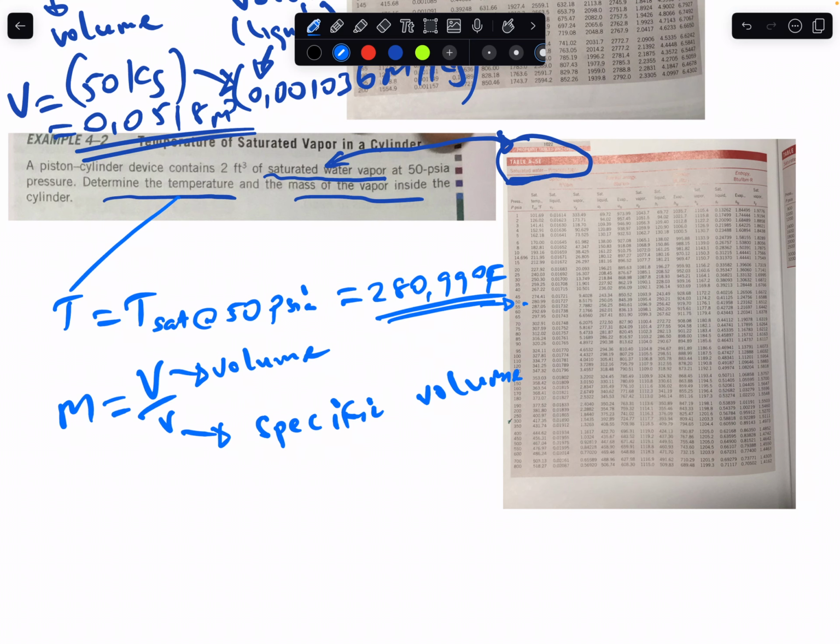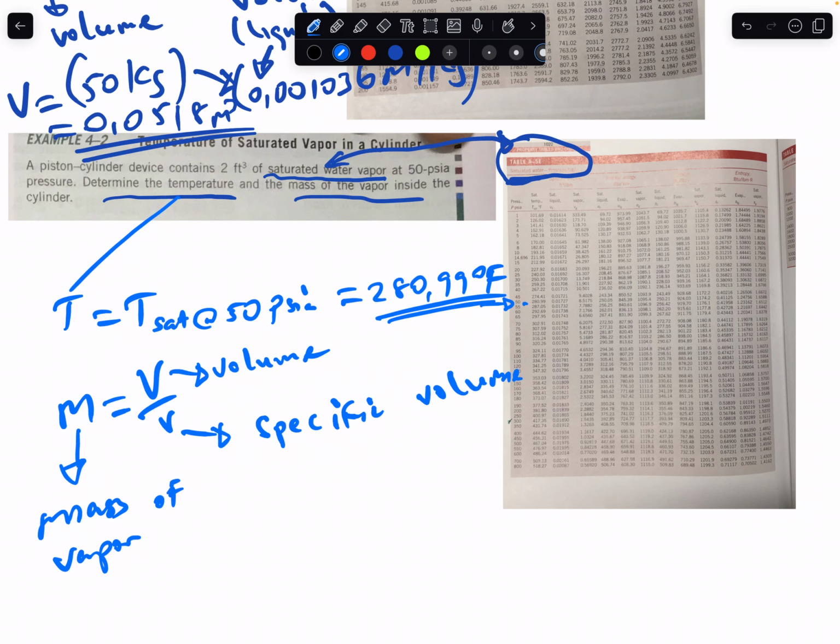But what mass are we talking about? Mass of vapor. So we're talking about mass of vapor, not just mass of liquid, but mass of vapor. So it's important to know that.